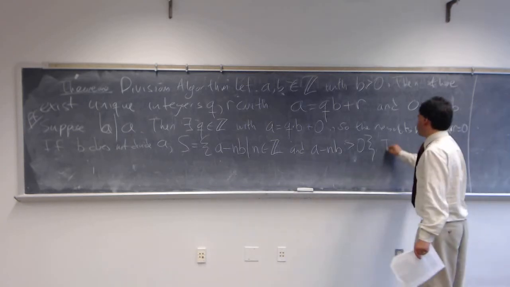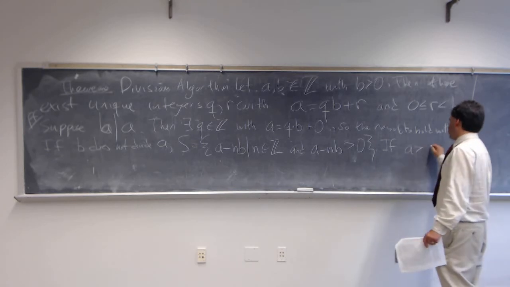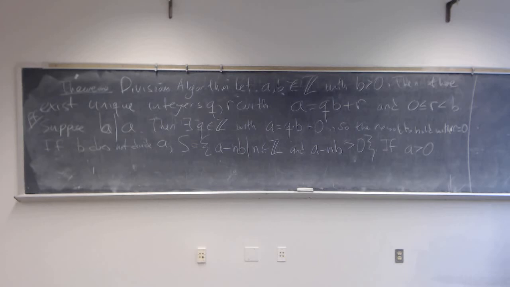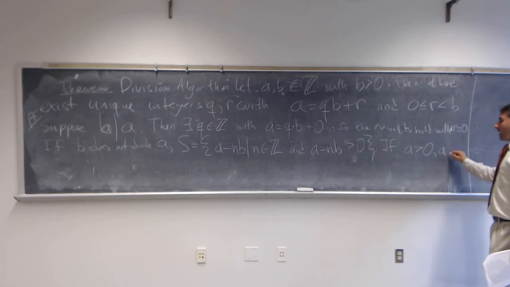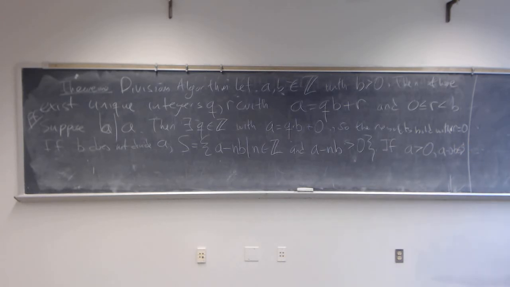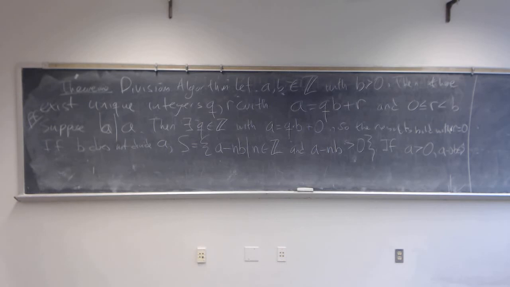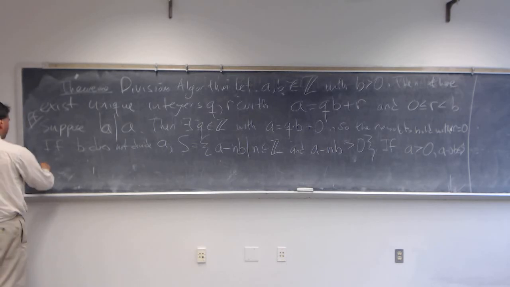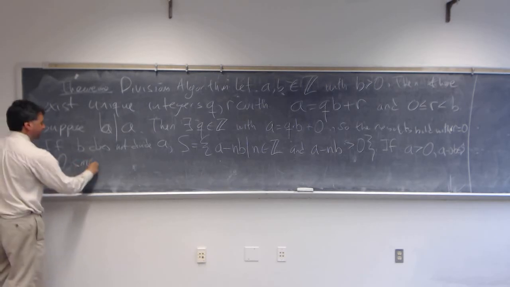So if a is greater than 0, a minus 0 times b would be an element of S. And so S is non-empty in that case. a cannot equal 0 since anything divides 0.